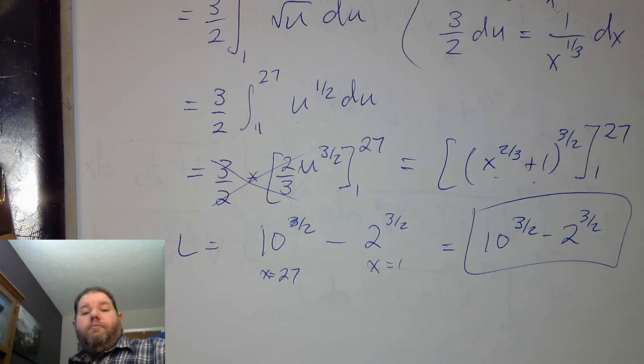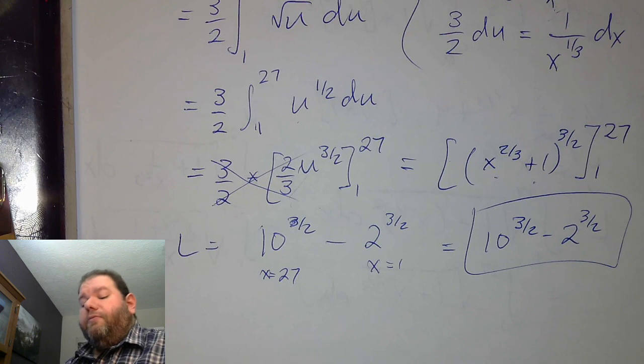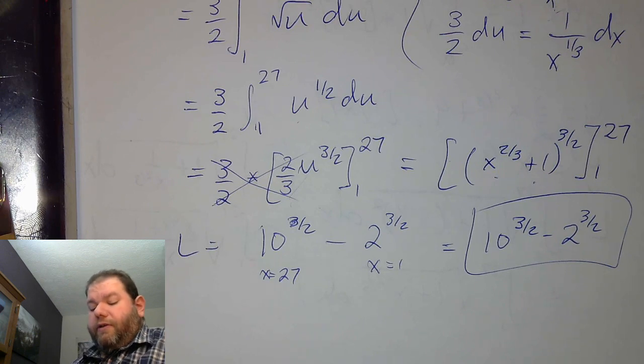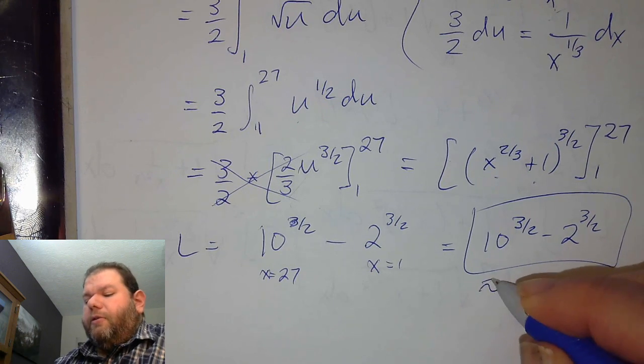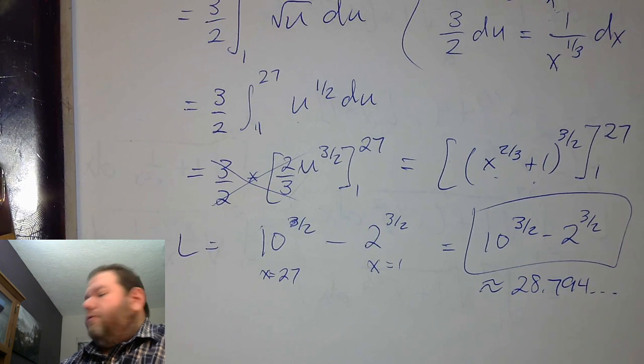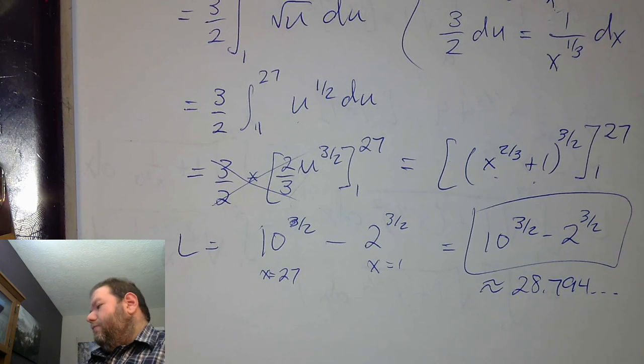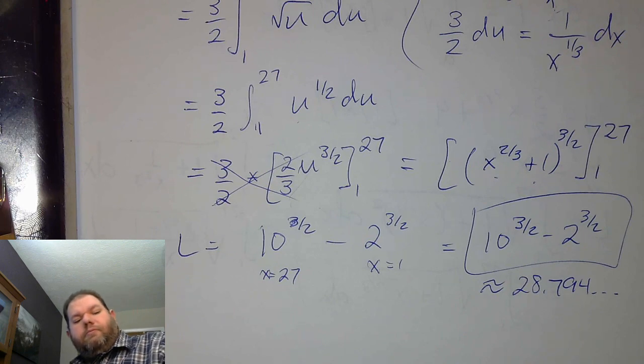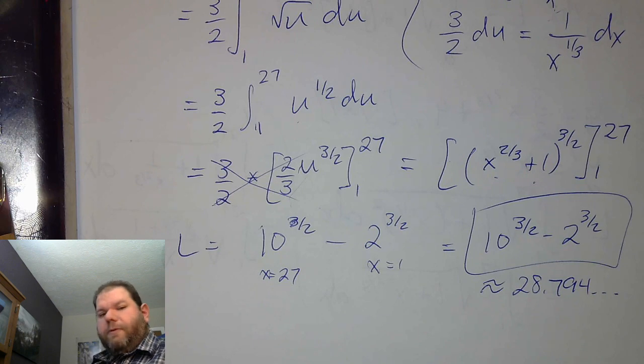We could also approximate that with our calculator and say 10 to the 3/2 minus 2 to the 3/2, and that gives us approximately 28.794. Okay.